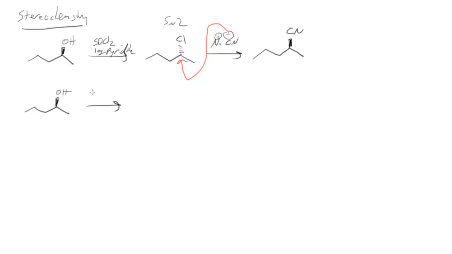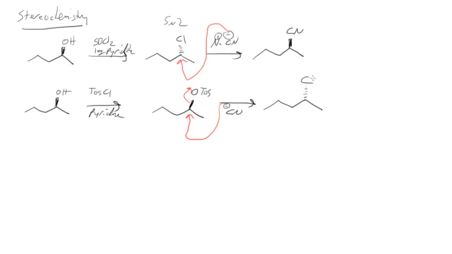So if I take my alcohol and treat it with toluene sulfonyl chloride and pyridine, I get my tosylate, which now, if I replace that with sodium cyanide, it can come in through backside attack again, displace my tosylate, and now I have the opposite stereochemistry.